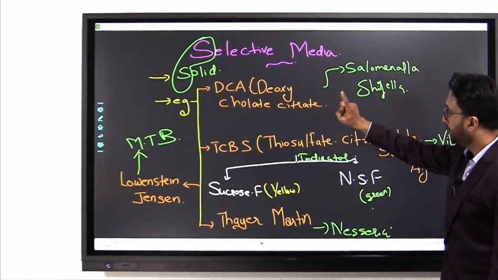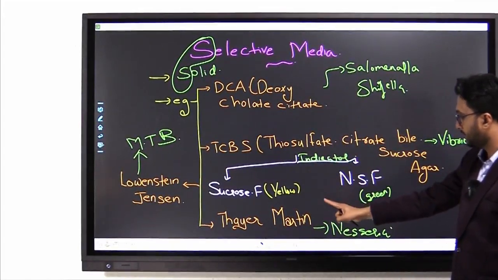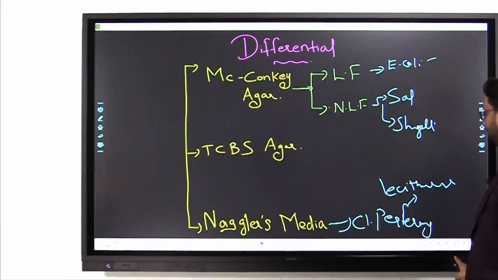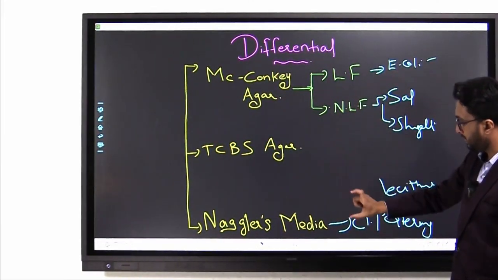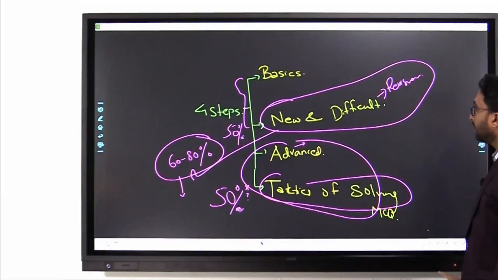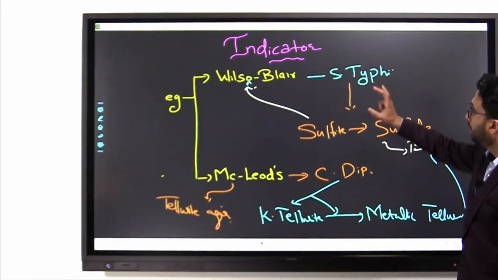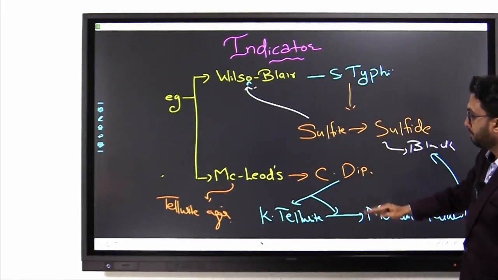Selective solid media: DCA, TCBS, Thayer-Martin. Then the Lowenstein-Jensen. Then differential media: MacConkey, TCBS, Nagler's. Then you come on to the indicator media, Wilson-Blair, McLeod's.